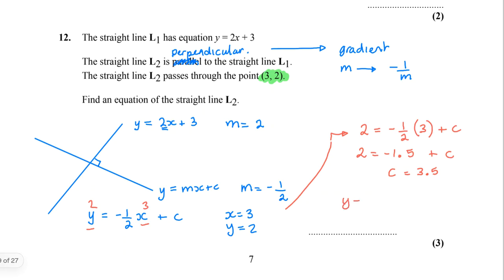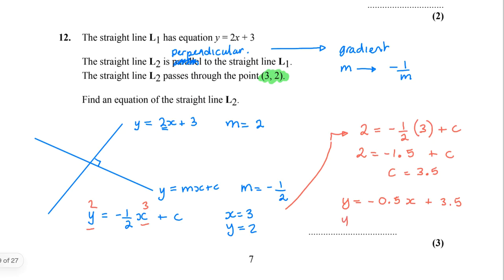So we've got y equals minus, if we're going for decimals, 0.5 x plus 3.5. You have like fractions and decimals. Yeah, well, we wouldn't put them together.